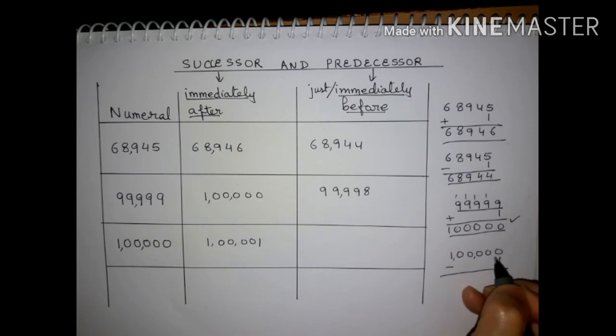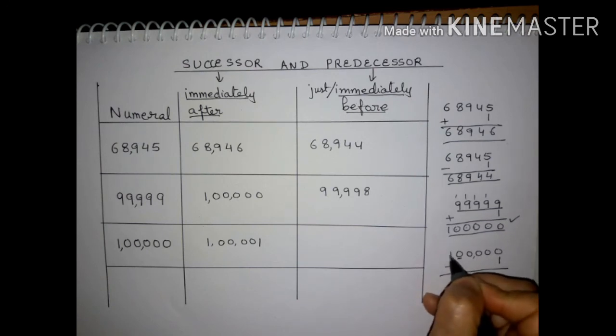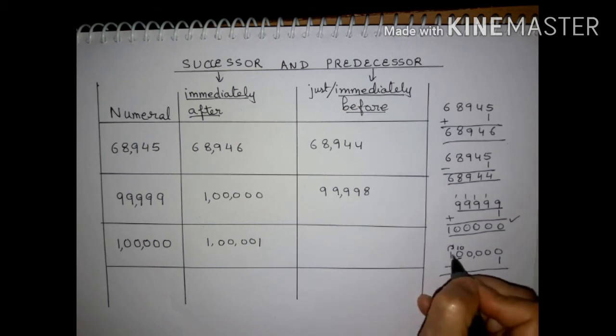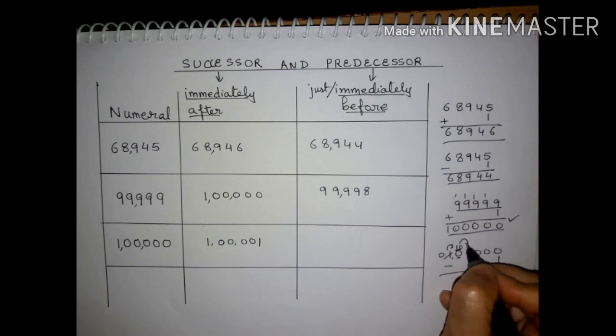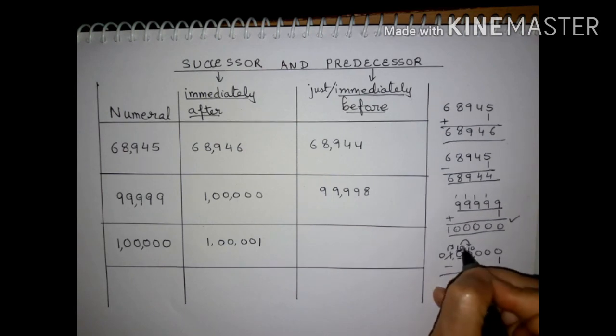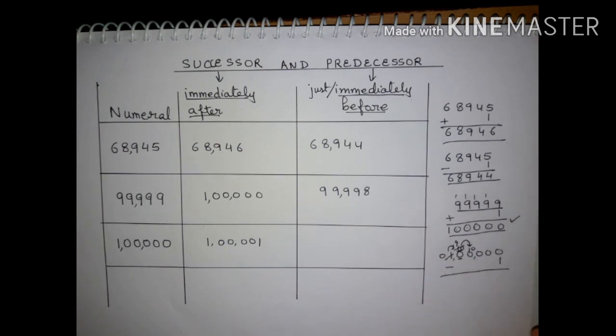So you will be borrowing. All these are zeros, they cannot give to each other. This 0 will have to borrow from this 1. When it is borrowed from here, this will become 10 and this 1 will become 0. Now from here it will give, so this will become 10 and this will become 9.